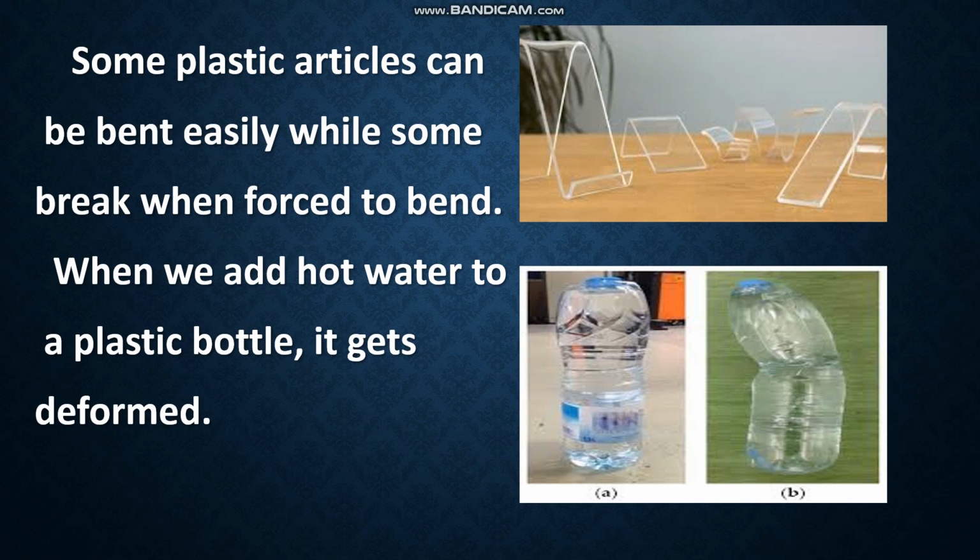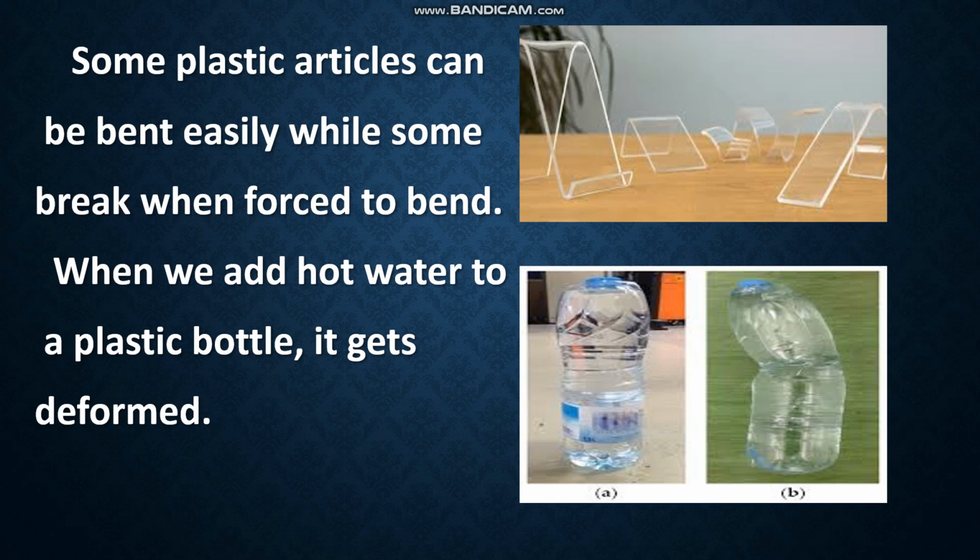Yes, we can bend a plastic wire. But here, the pressure cooker will be there. The handle of the pressure cooker, that also is one type of plastic. Can you bend it? No. So some plastic we cannot bend, some plastic we can.